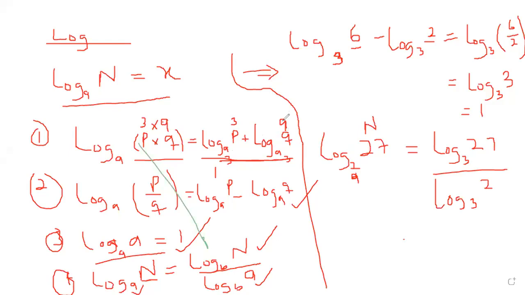And then log 9: 9 is the same as 3 raised to the power 2. Anytime you have an index raised to a power and the logarithm is applied, the index will go in front. So it's the same as 2 log 3 to the base 3. Then log 3 to the base 3 per this rule is 1. So the final answer will be 1 plus 2.